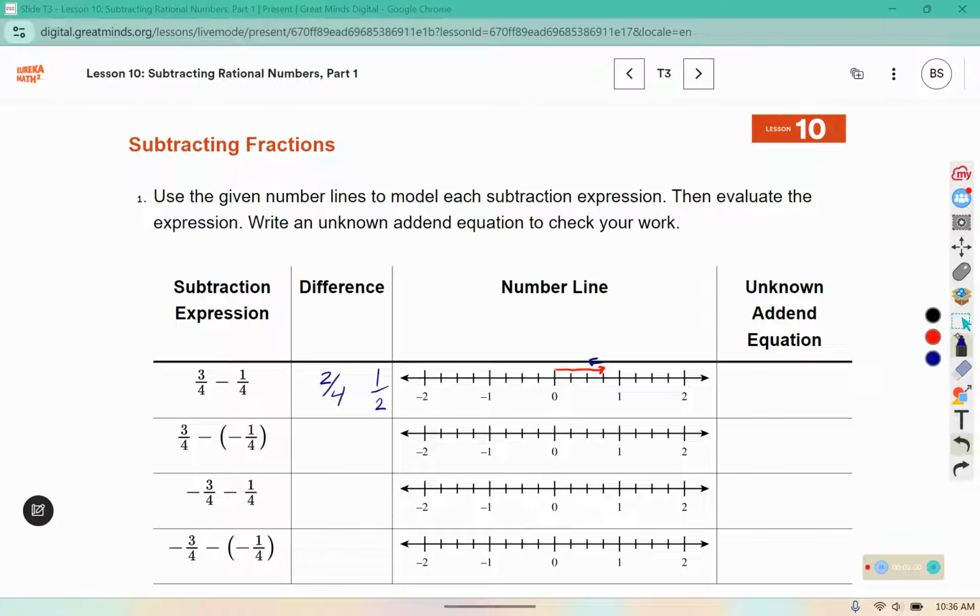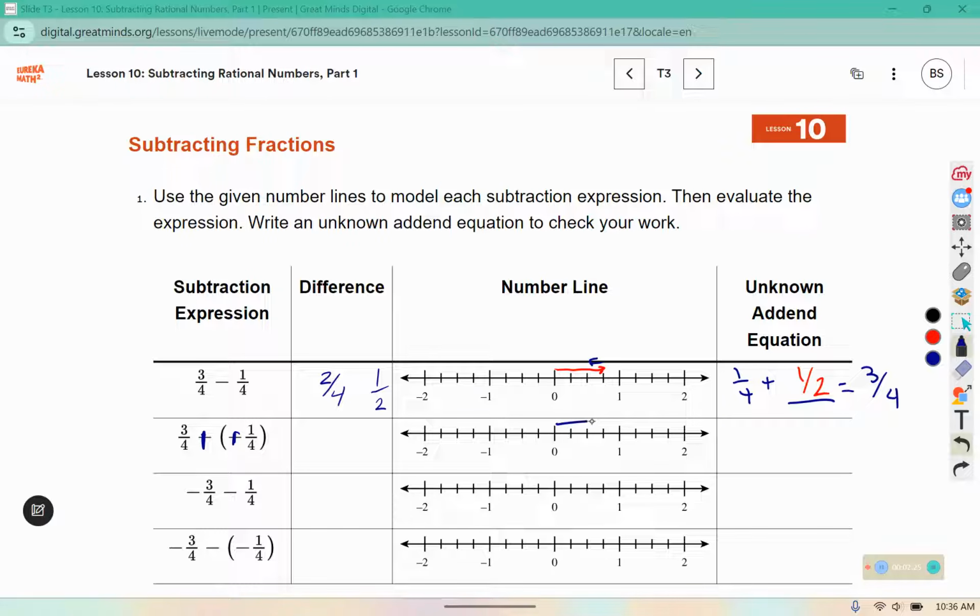The unknown addend equation would say 1/4 plus something gives us 3/4. And then that blank would be filled in with 1/2 or 2/4. Here we can think of this as leave, change, change.